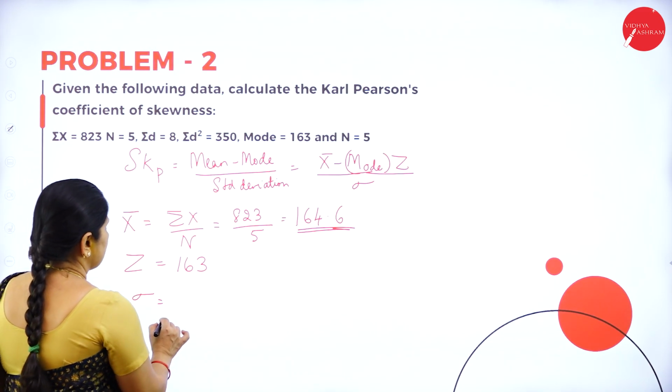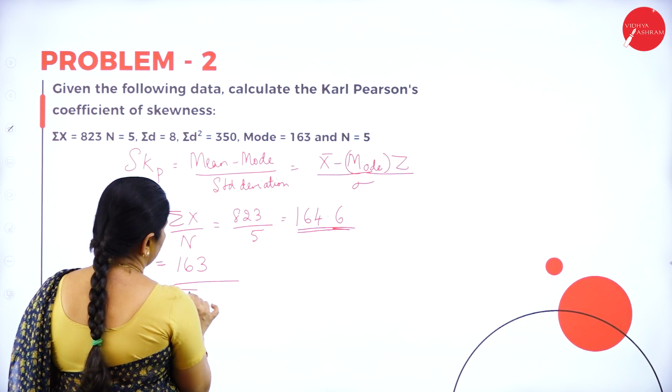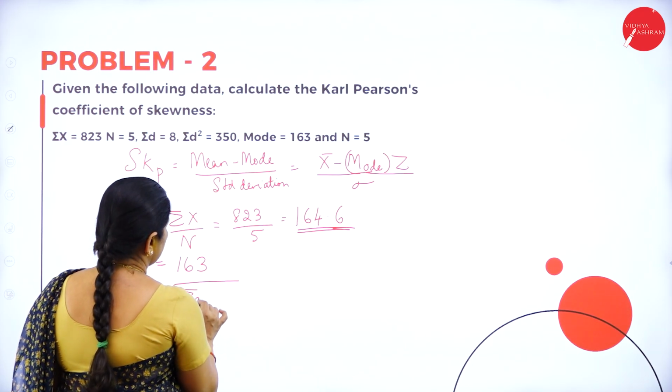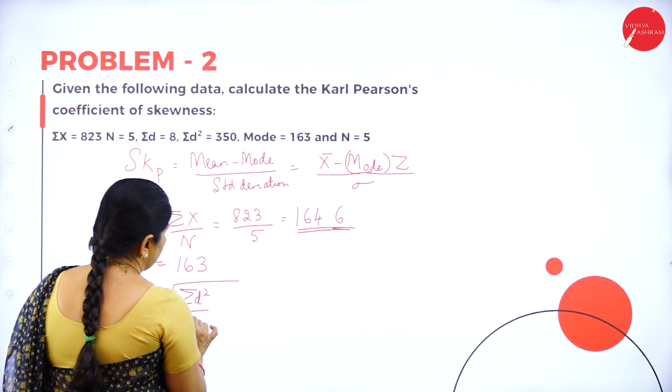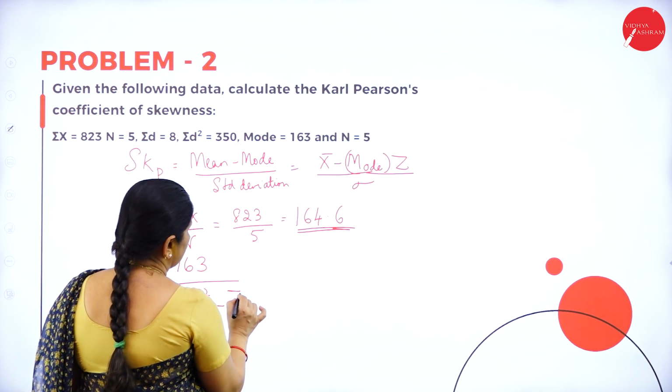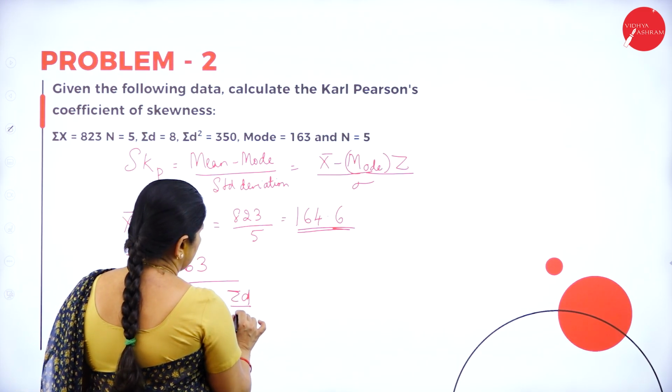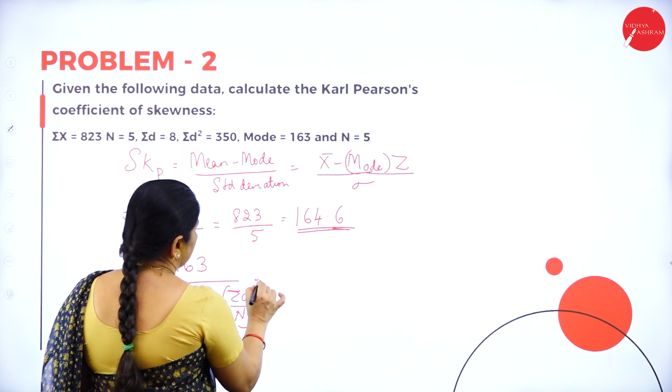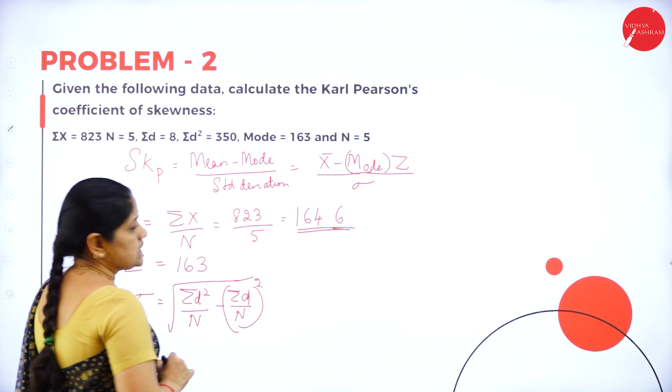Now I have to find out the standard deviation. The standard deviation will be root of sigma d square divided by n minus sigma d divided by n the whole square.